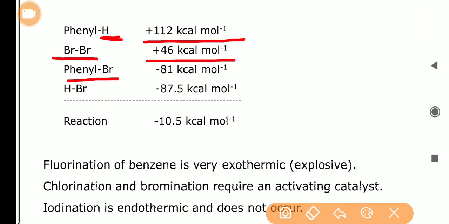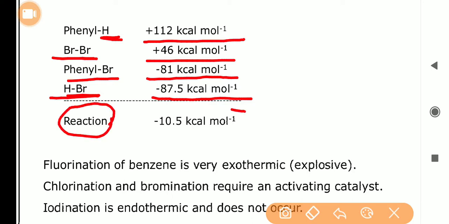Phenyl Br is formed, so minus 81 kilocalories per mole is observed, and the HBr bond is formed, minus 87.5 kilocalories per mole. During the reaction, minus 10.5 kilocalories per mole of energy is released. So this is called an exothermic reaction.